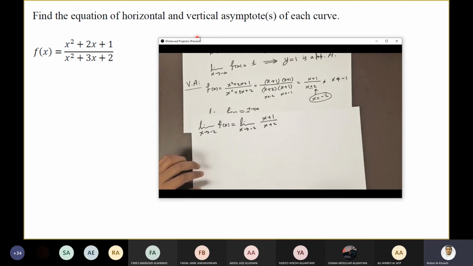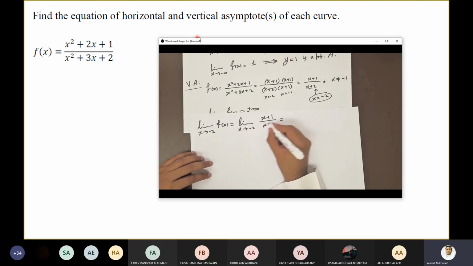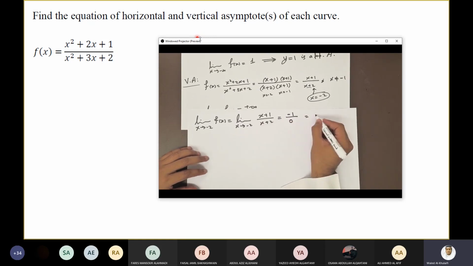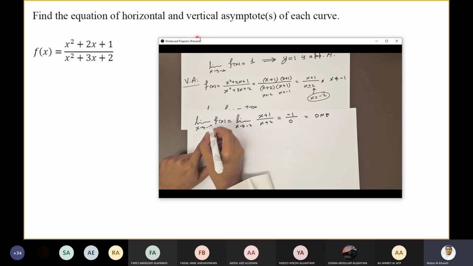Okay, and here when I substitute negative 2 in the denominator, I get negative 1 over 0. But here I can't make a judgment, because if the limit were like this, I would say it does not exist, because it differs from the right and the left for this situation. But to fix this, I have to choose a direction of my limit. Should I go from the right or should I go from the left? And here it is up to you, actually, because I need at the end either plus or minus infinity.